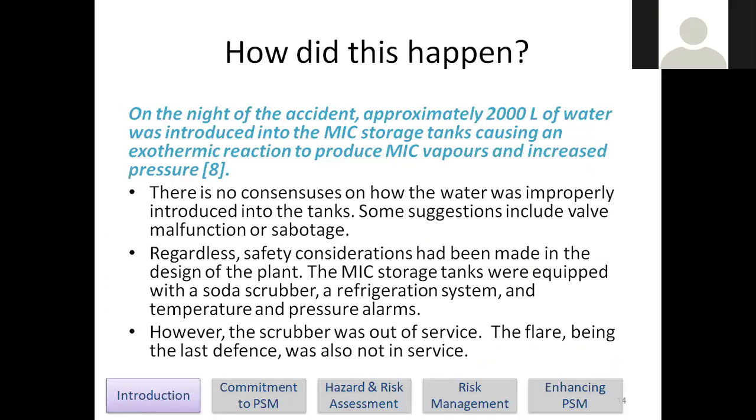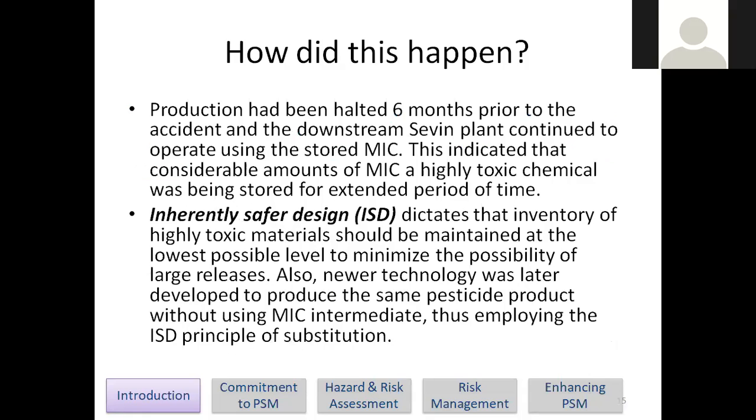On the night of the accident, approximately 2,000 liters of water was introduced into the storage tank, causing an exothermic reaction. But the main thing that happened is that prior to that incident, production had been halted for 6 months. The company had not produced for 6 months, and they just started producing again.